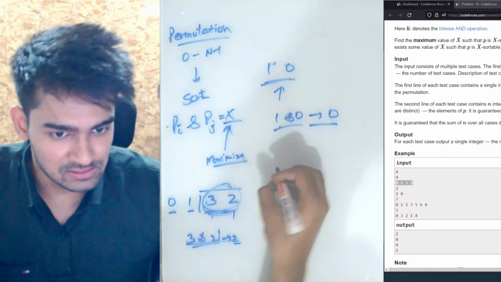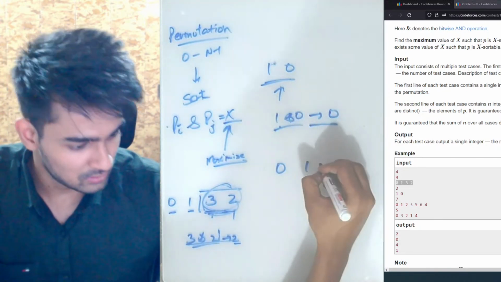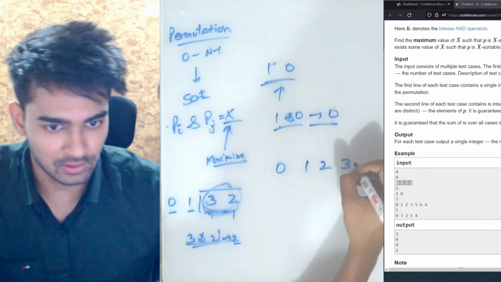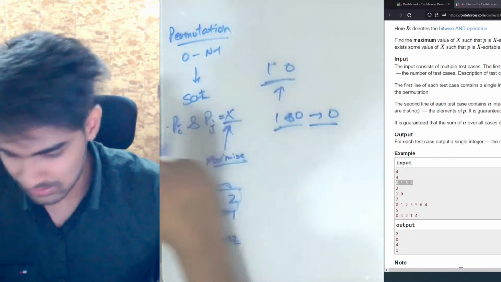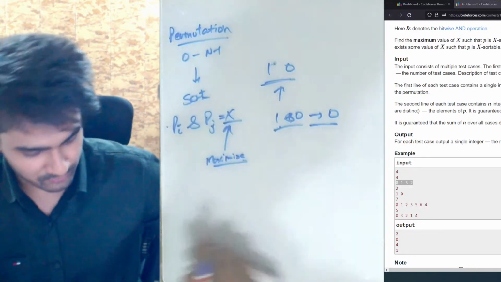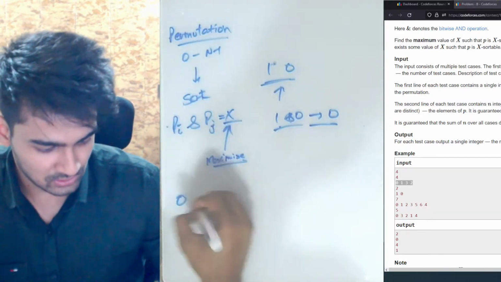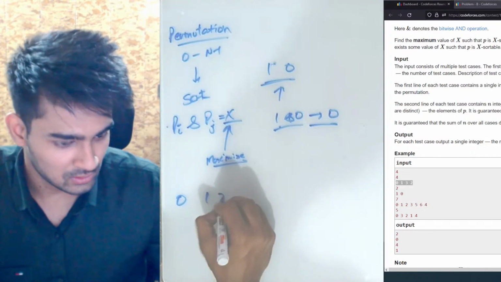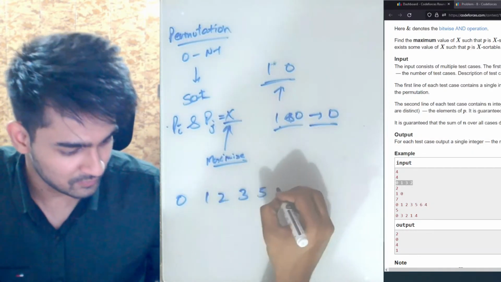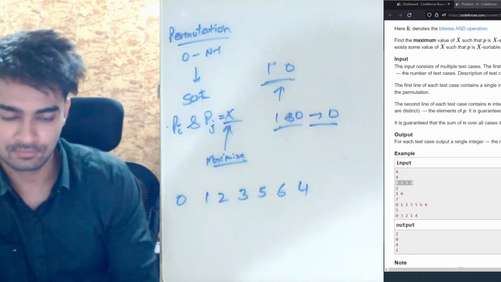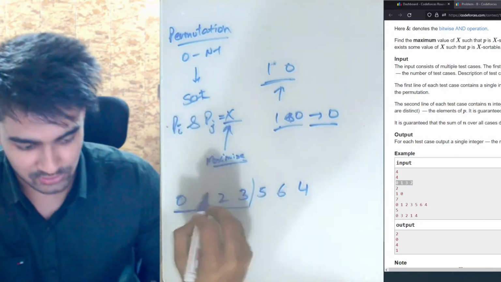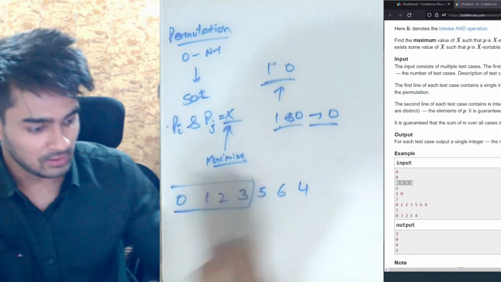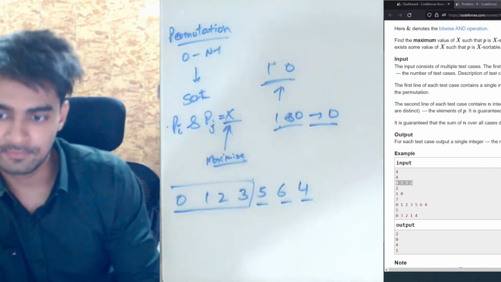The next case is 0, 1, 2, 3, 5, 6, and 4. If you see, 0, 1, 2, 3 are already sorted, so no need to disturb these values. 5, 6, and 4 are not sorted.